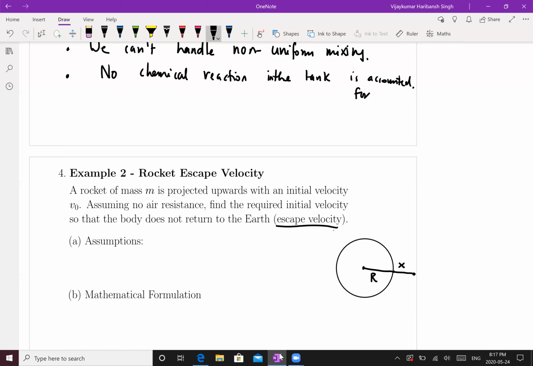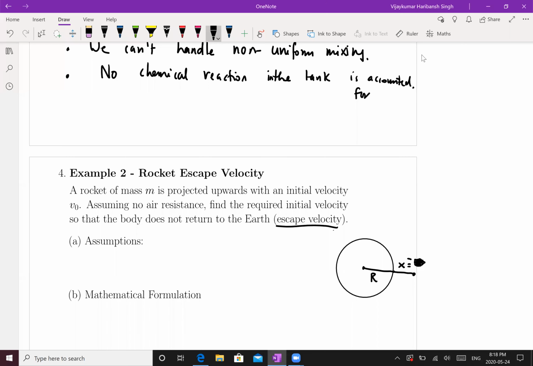So this is your rocket here. Let this distance be x, right? Let m be the mass of the rocket. So this is the m.